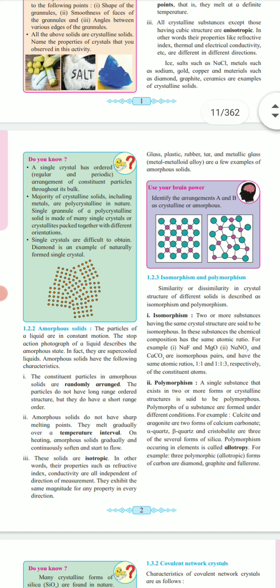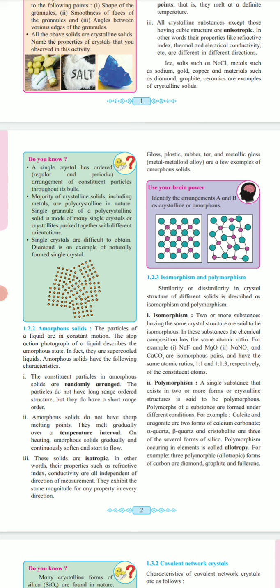1.2.2 Amorphous solids. The particles of a liquid are in constant motion. The stop action photograph of a liquid describes the amorphous state. In fact, they are supercooled liquids. Amorphous solids have the following characteristics.